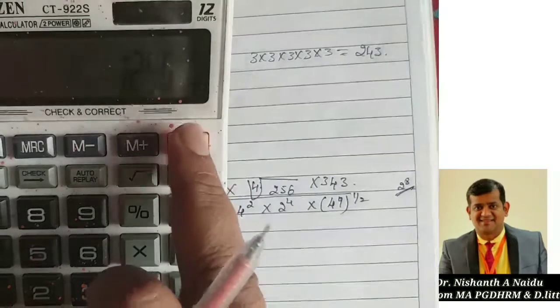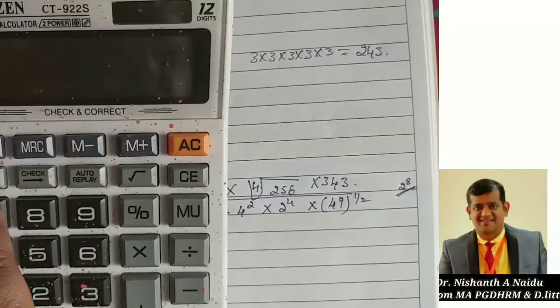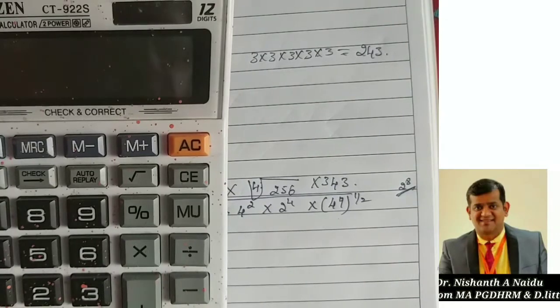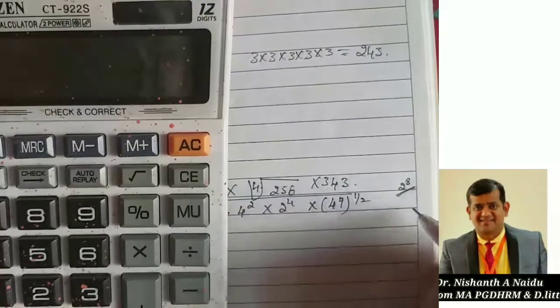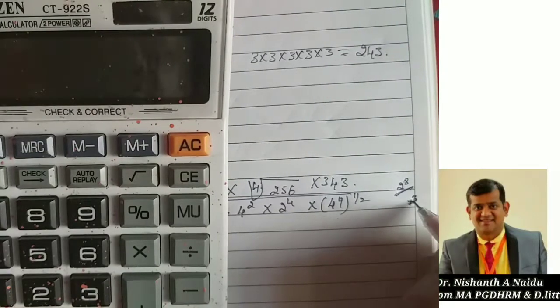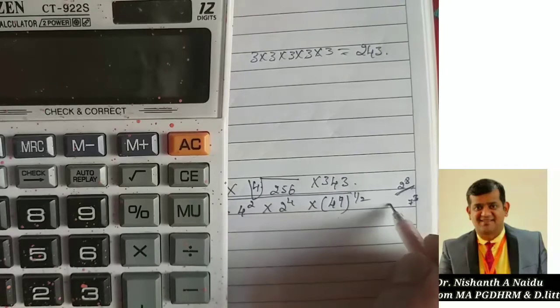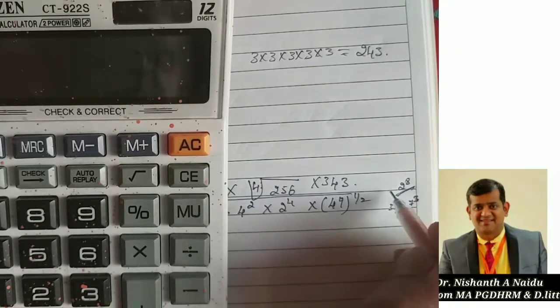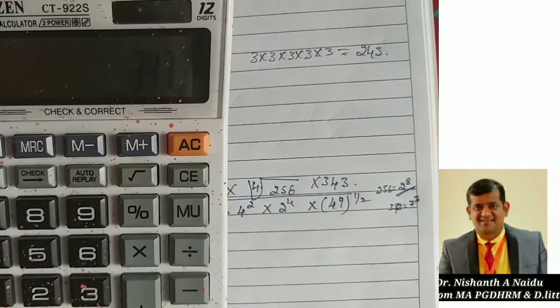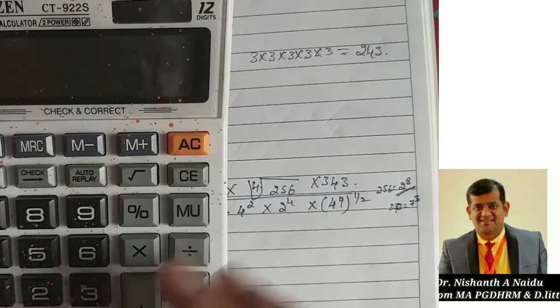No, even 6 is not possible. Then we have 7. 1, 2, 3. Yes, 7 to the power 3. Understood? 343 is equal to 7 to the power 3 and 256 is equal to 2 to the power 8. This is the simple method. Within a fraction of seconds you can do it.